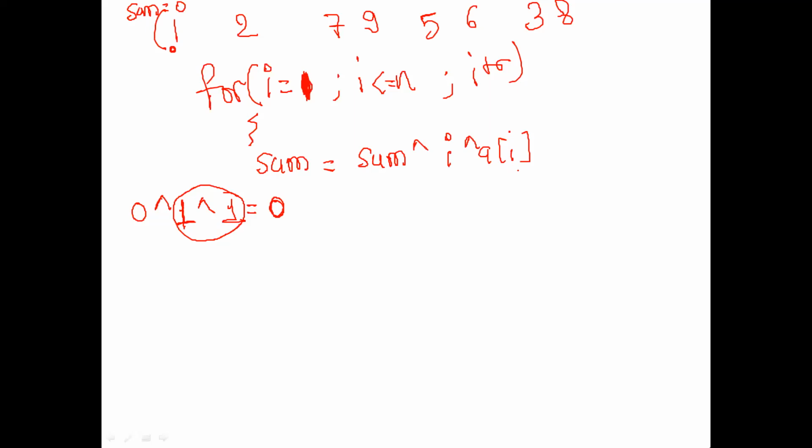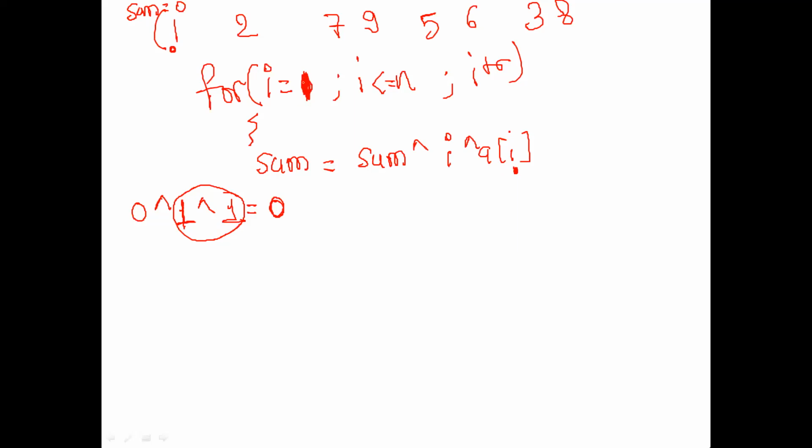Any doubt to anyone in this? Till the time you won't answer, how can I proceed? Is it clear or not? No, initially A of 1 won't be 2, because I've started my loop from 1, na?